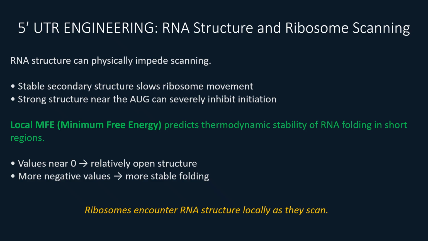You can quantify all this using something called the minimum free energy, or MFE, which predicts how thermodynamically stable local folding is. Values near zero indicate relatively open structure, while more negative values indicate more stable folding. Because scanning happens step by step along the RNA, local structure, not just global folding, matters.